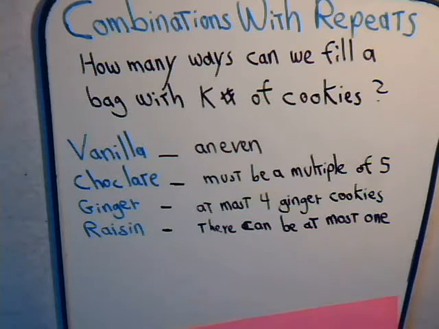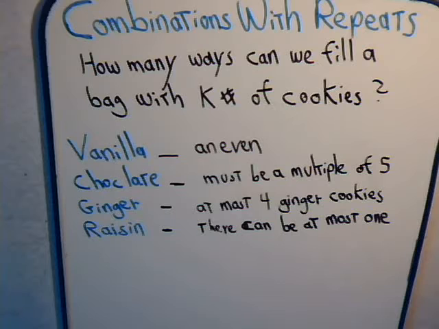Okay, this is probably the most difficult problem that we're going to consider. Here we're saying, suppose we have 4 different types of cookies, and we're going to fill a bag, let's say with k number of cookies, but we have these constraints now. If there's going to be any vanilla cookies in the bag, it has to be an even number of them.